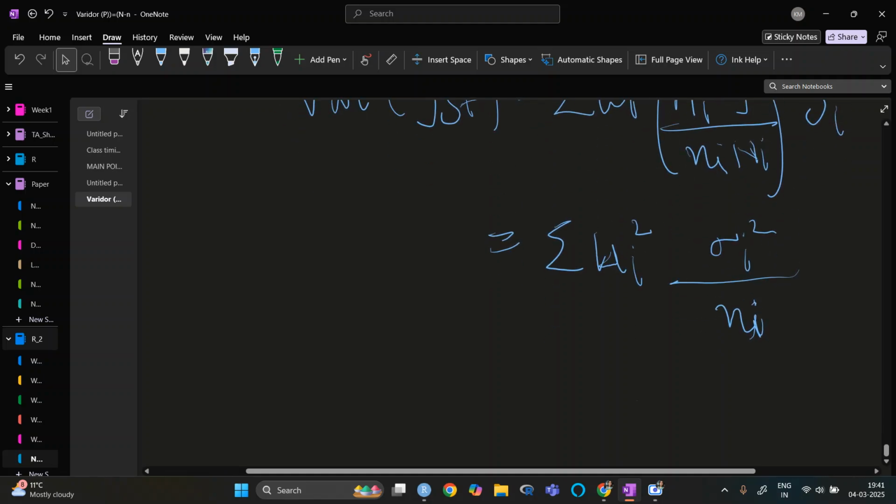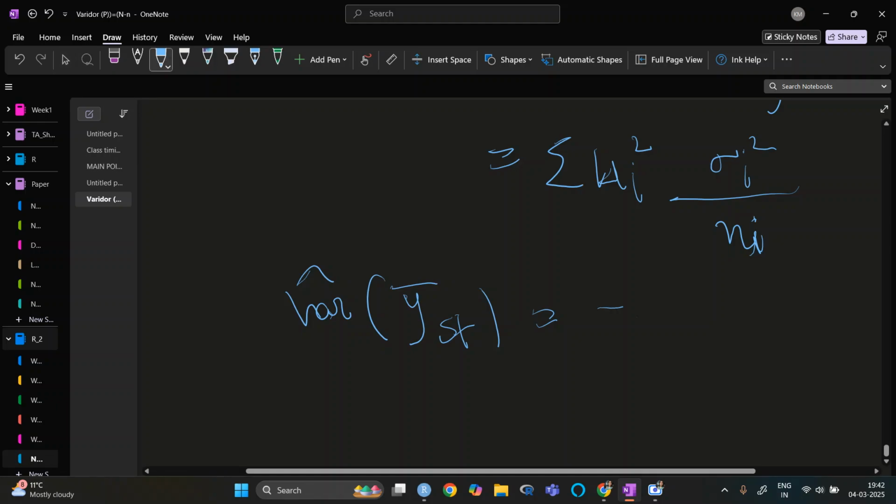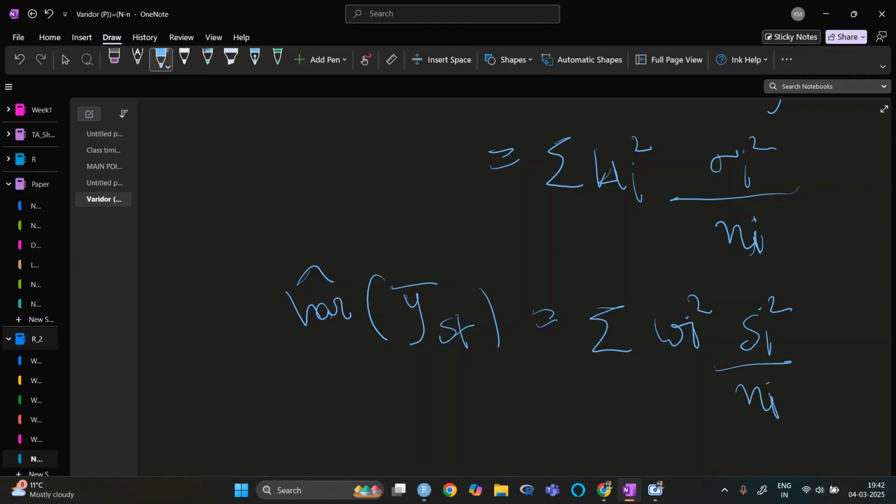Okay. The next is the estimation of y bar st. So this one is Ni square si square upon ni, and similarly we can give the standard error.